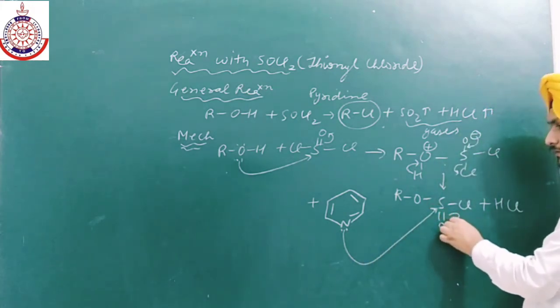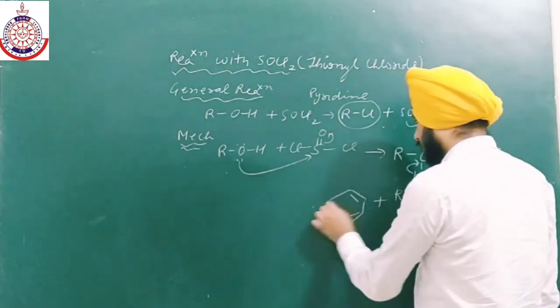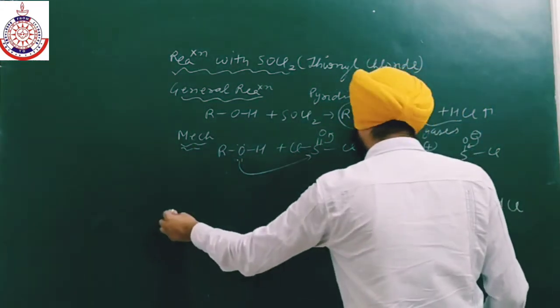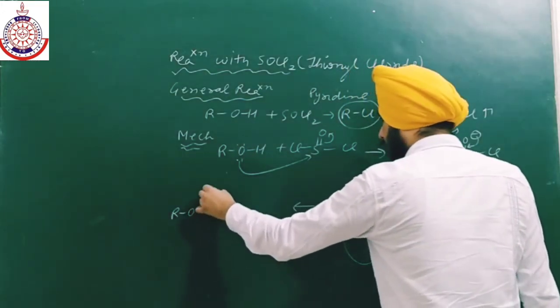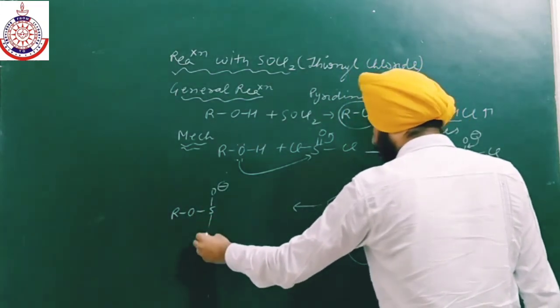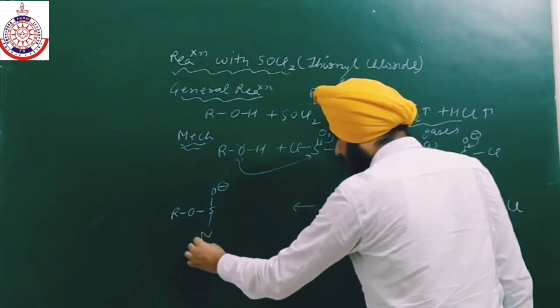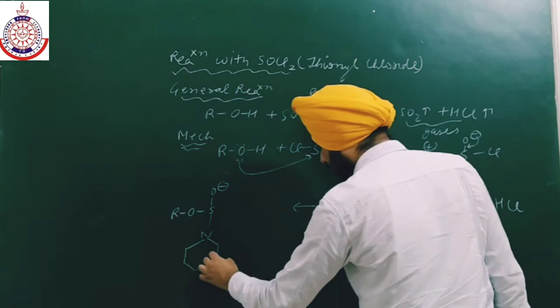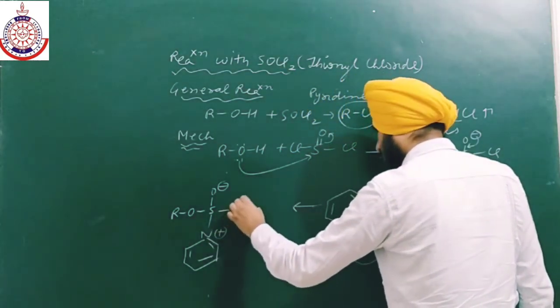This bond will shift over here and we will get this product, R O S O negative, and positive charge on the nitrogen atom. Okay, positive charge over here and Cl over here.